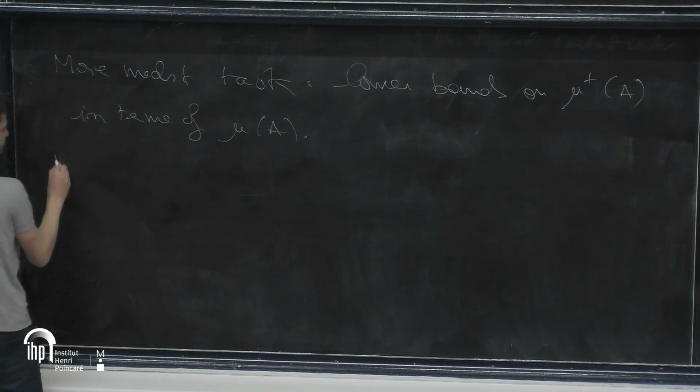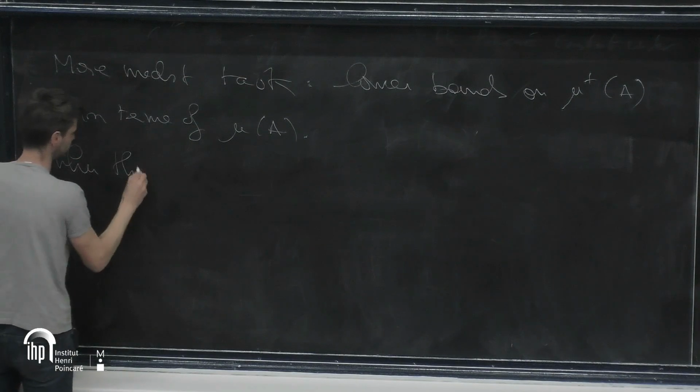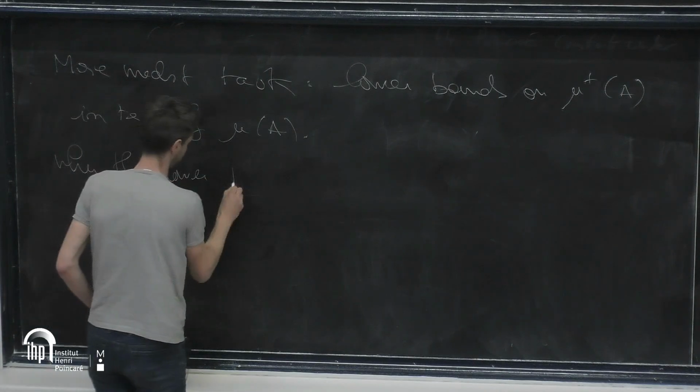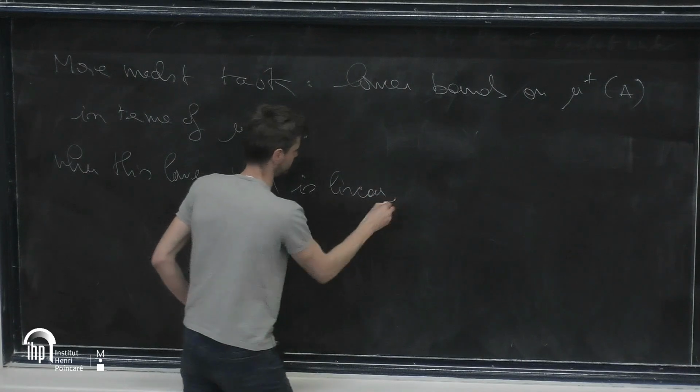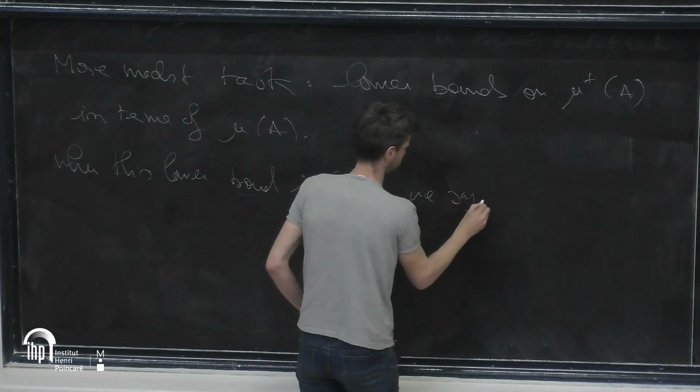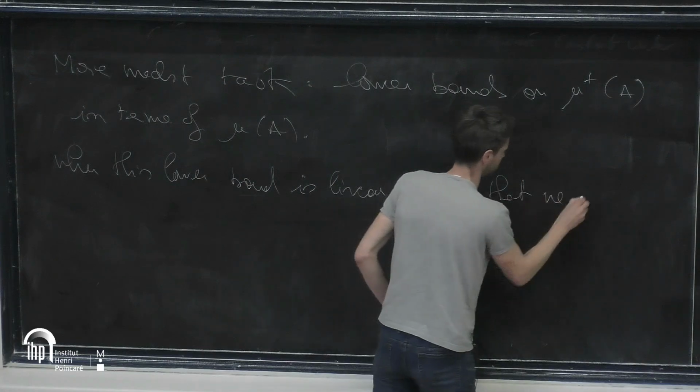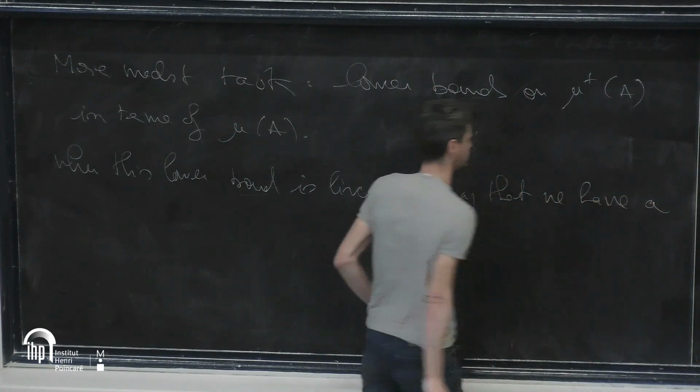When this lower bound is linear, we say that we have a Cheeger inequality.